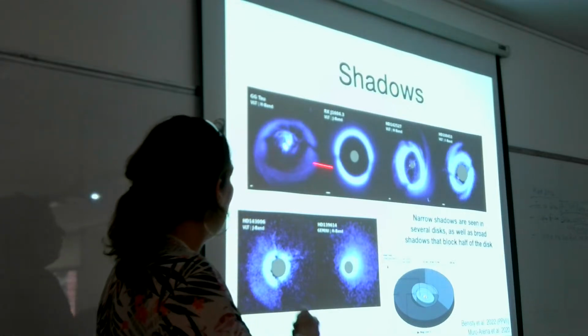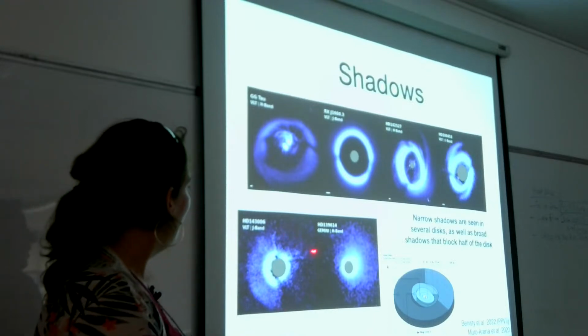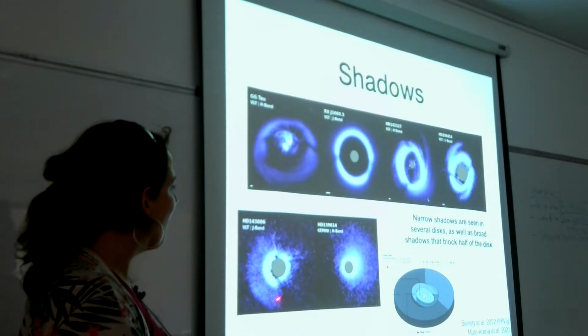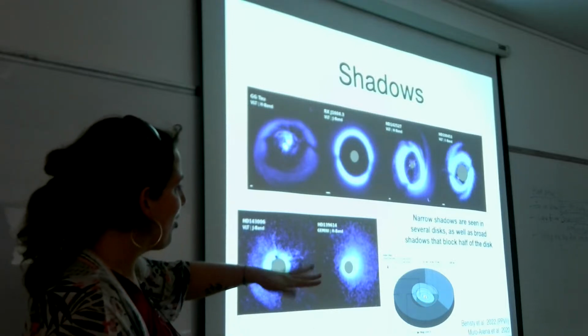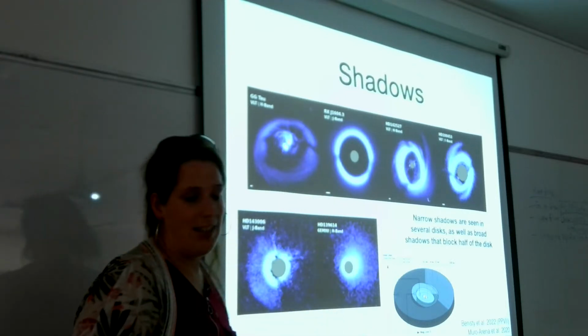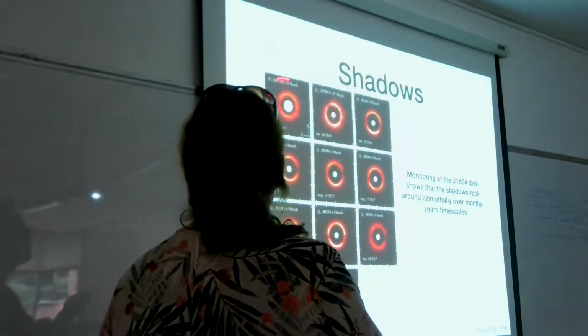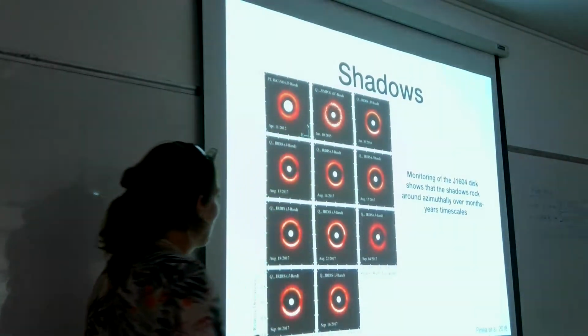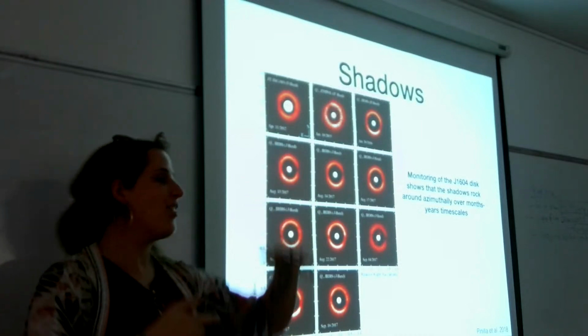You see that many of these have narrow shadows. There's also a couple of discs where half of the disk is in the shadow. So they think that this is caused by a somewhat larger inner disk that is tilted. Apparently all of it can be modeled. There's even an example of a shadowed disk with these narrow features, where the features are orbiting as a function of time.